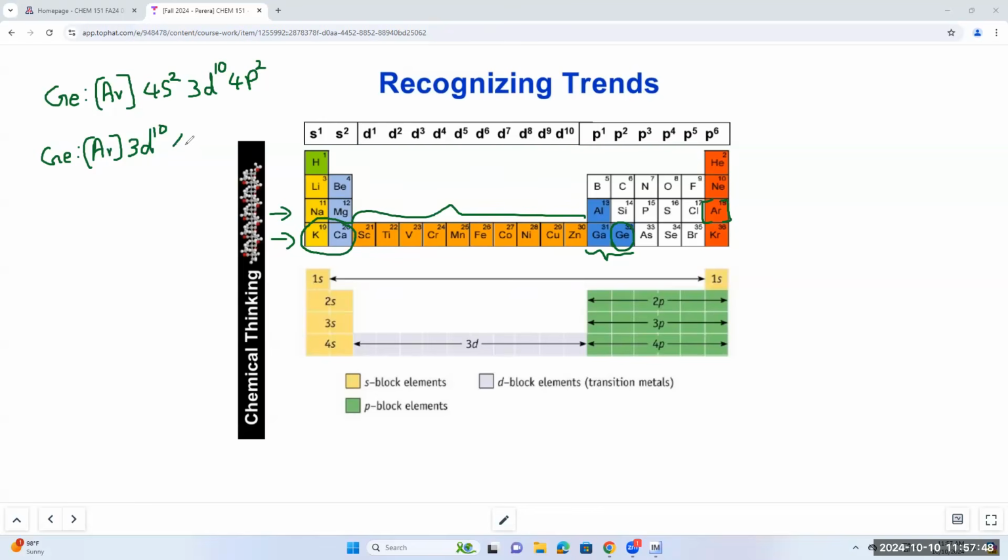And then in the valence shell, I have 4s2 and 4p2. Now, why do I call this my valence shell? You see that number 4 is higher than number 3. That number indicates the number of the shell. The higher the number, the more outermost that shell is. So the fourth shell is the outermost shell, and therefore this should be my valence shell. In the valence shell, I have 4 electrons in germanium.